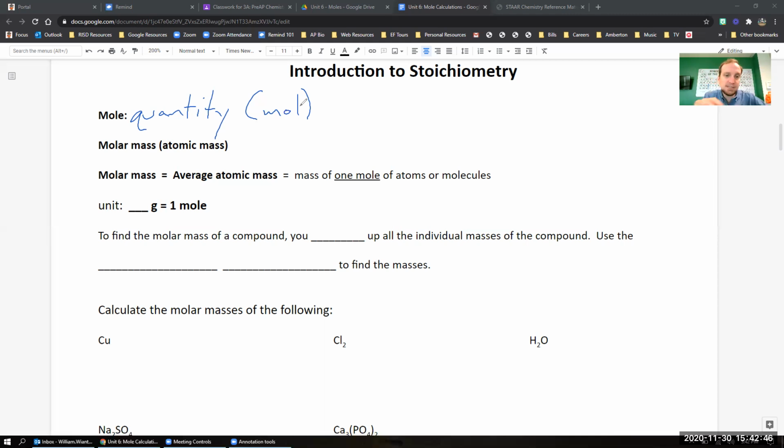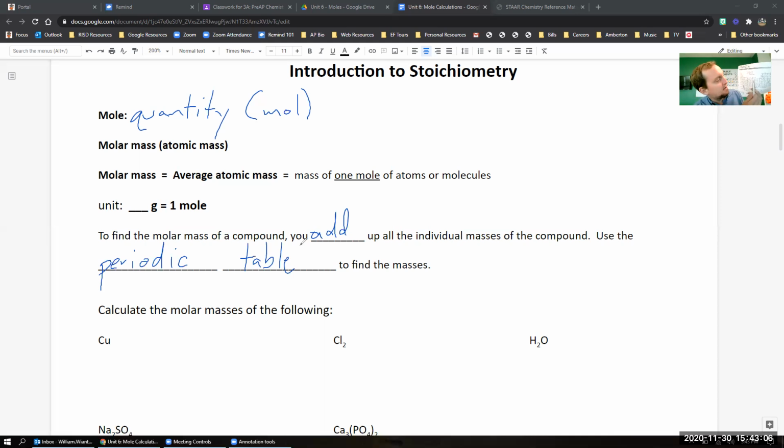So to find the molar mass of a compound, you would add up all the individual masses of the compound and use the periodic table to find their individual masses. To show you what I mean, it says calculate the molar mass of the following. The very first one is copper.